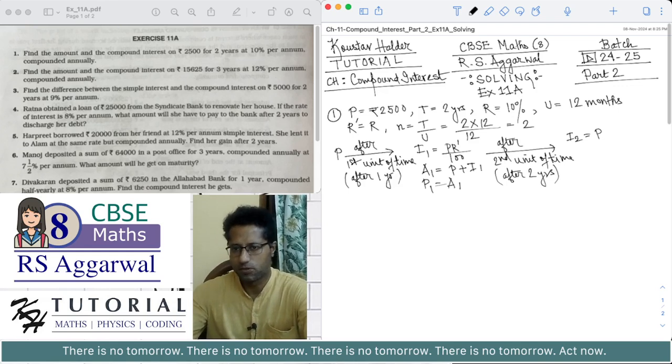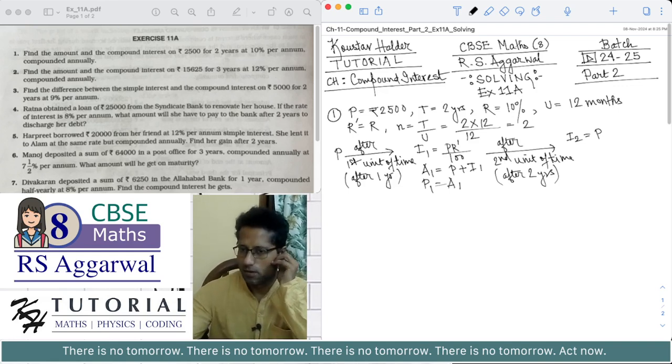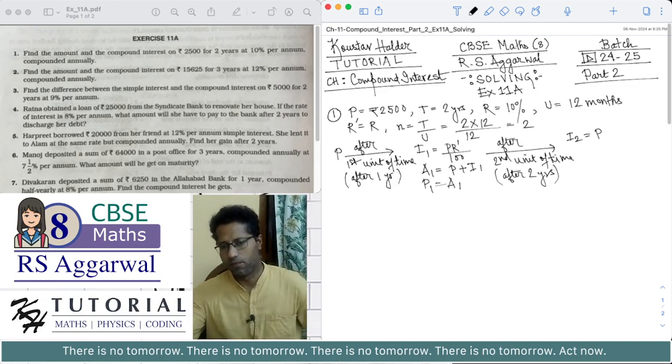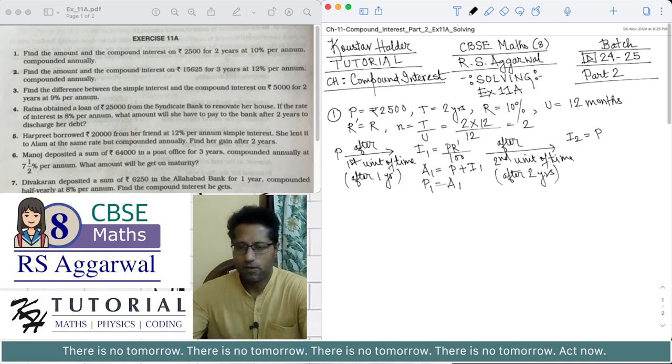The interest at the end of the second unit of time will be based on the amount which was computed at the end of the previous unit of time. Amount A2 is equal to P1 plus I2.